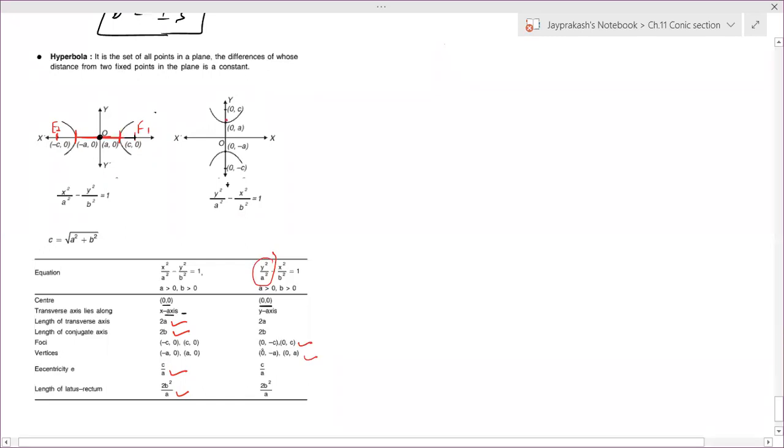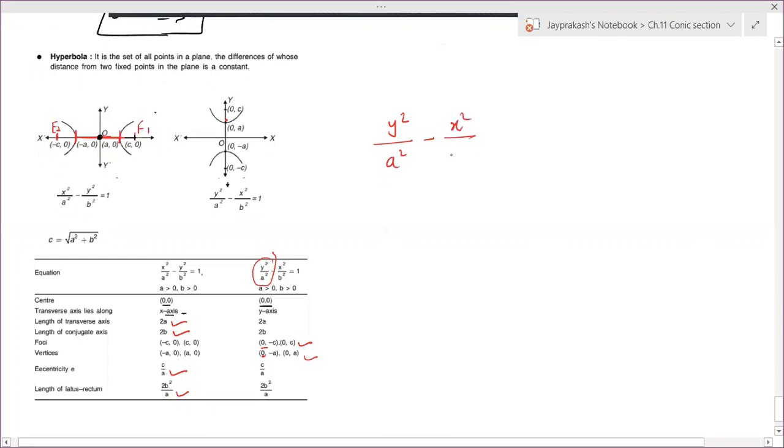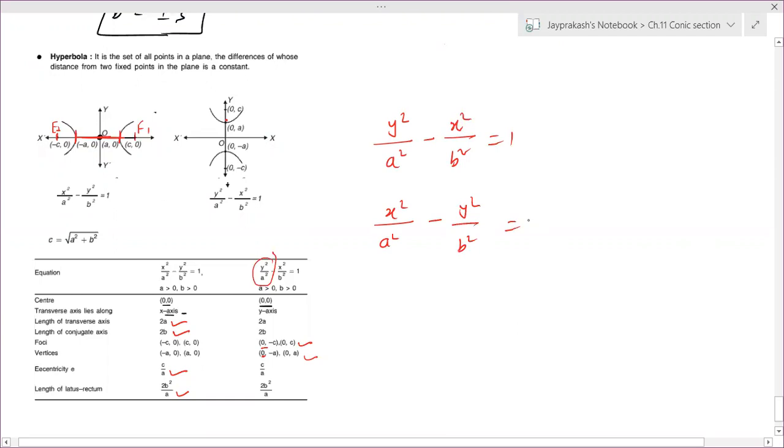So when we shift to the y-axis, the x coordinate will be 0, the eccentricity will be the same, c by a, and the length of latus rectum is 2b square upon a. The only thing you have to remember is that in the second case we get a square in the denominator of y square, and in the first case, when the hyperbola is on the x-axis, we get a square as the denominator of x square.